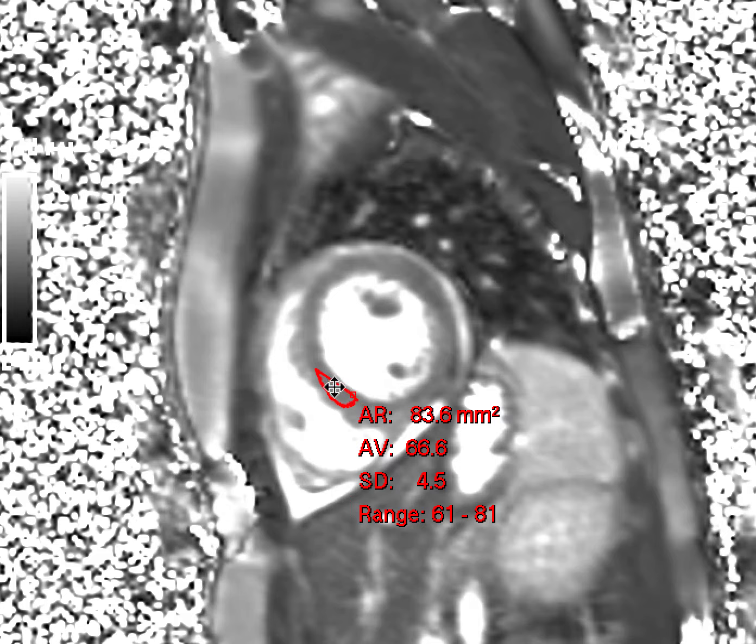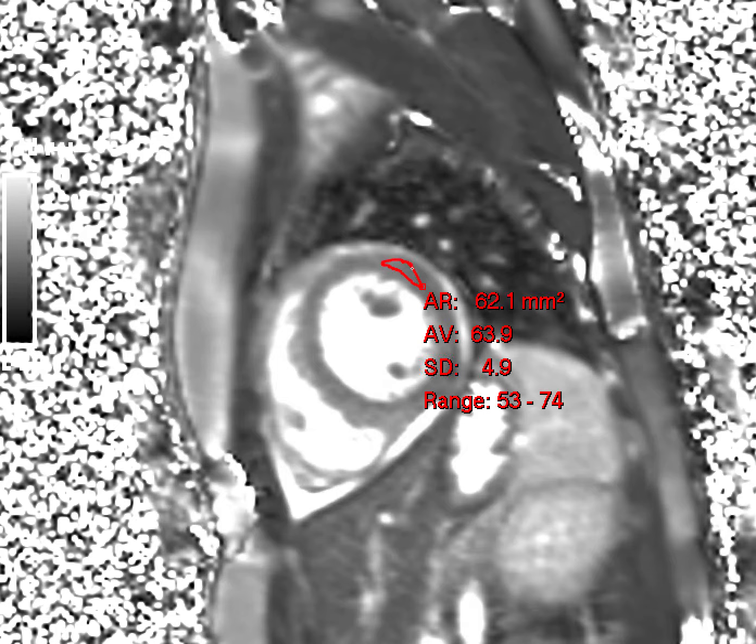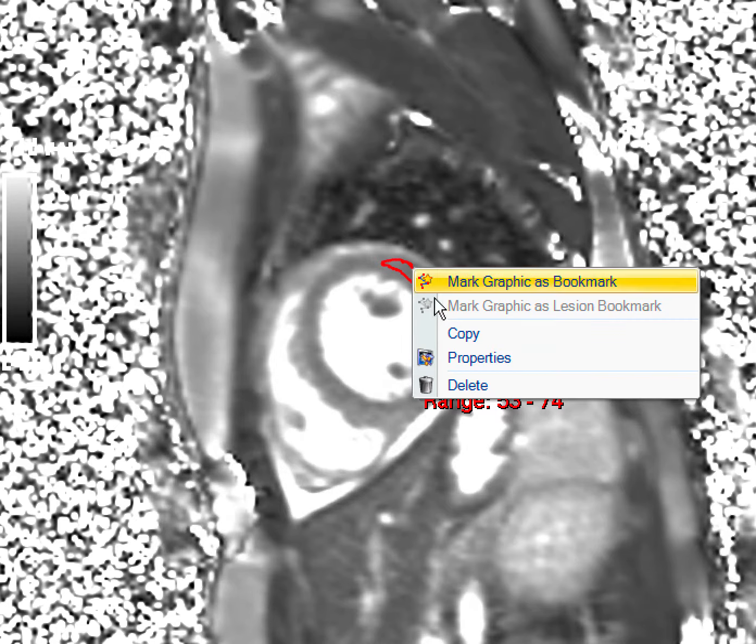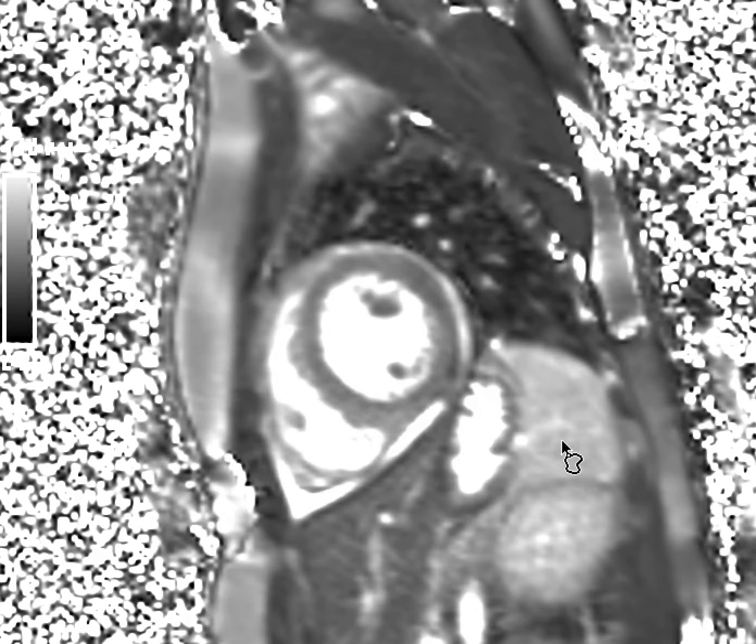Again, here it was elevated, and the elevation was not in one territory but in multiple territories. Which again confirms what we saw on the T1 map, but the T2 is sensitive to edema. So we could conclude that the changes that we saw on the T1 map were because of the edema, or maybe part of it is because of the edema.